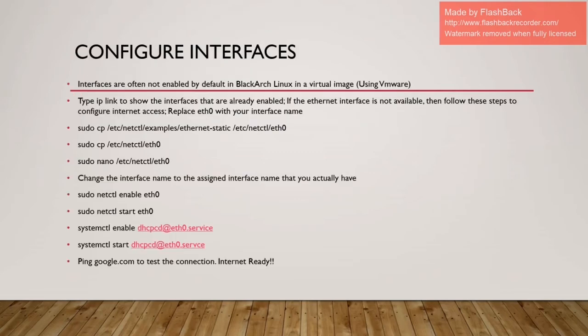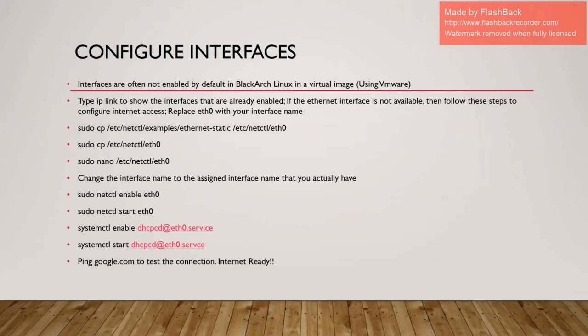Now for the last spot, the interfaces. As previously mentioned, BlackArch Linux does not come out of the box with interfaces that are recognized if you work in a virtual image. In other cases where you're not working in a virtual image, but you're actually installing a host OS on a more modern computer, your wireless NIC should be recognized.